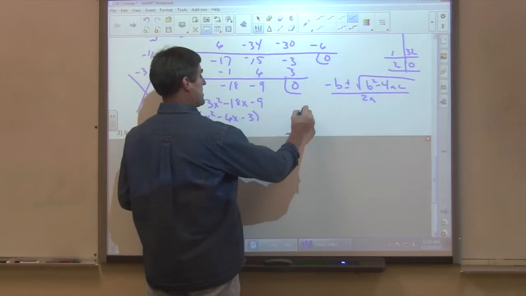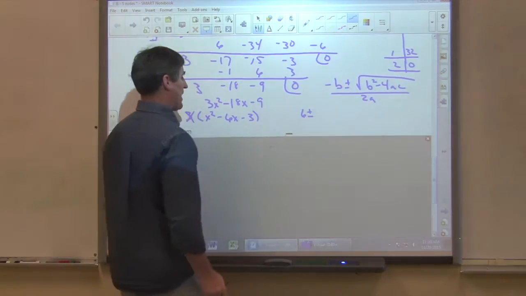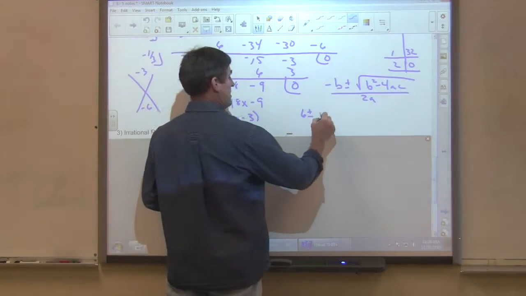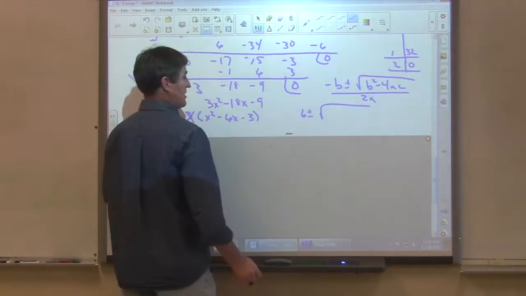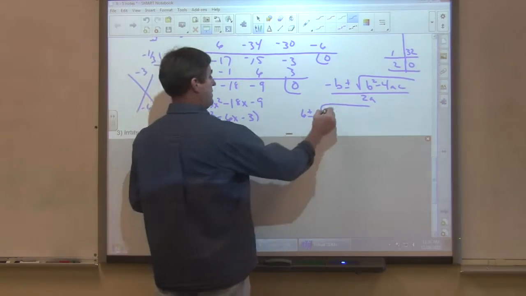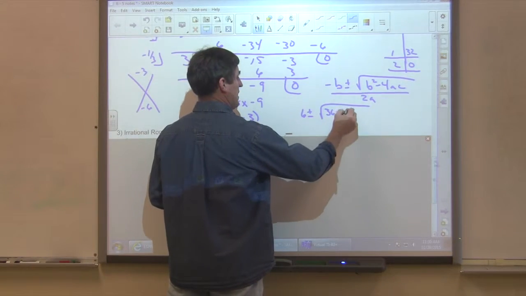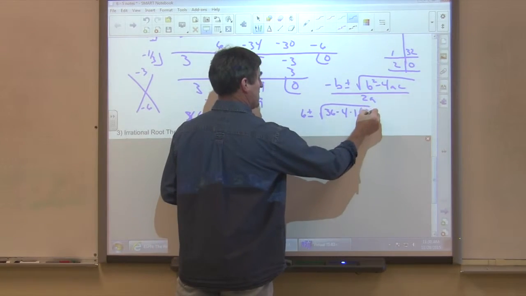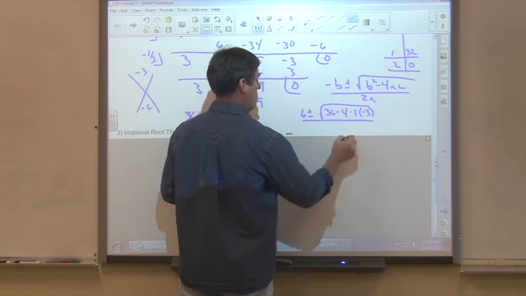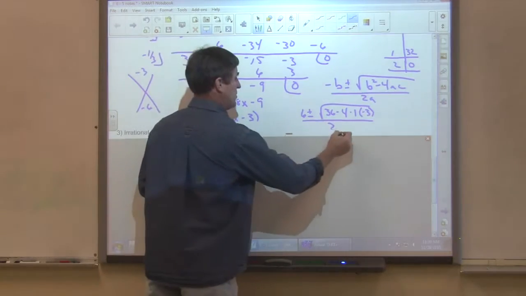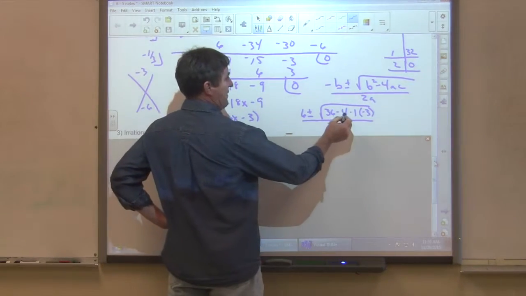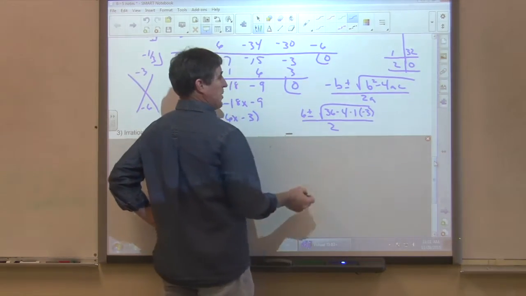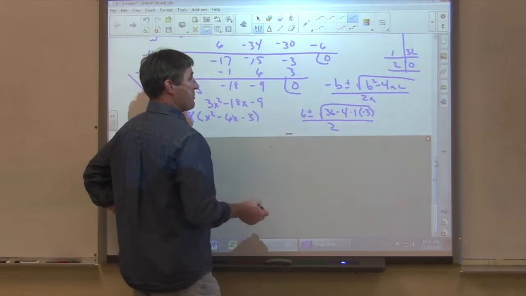So I'm going to plug that in. We get 6 plus or minus the square root of 6 squared, so 36, minus 4 times 1 times the -3, all over 2 times 1, which is 2. So we have -4 times -3, which would be 12, and 2 negatives is a positive.